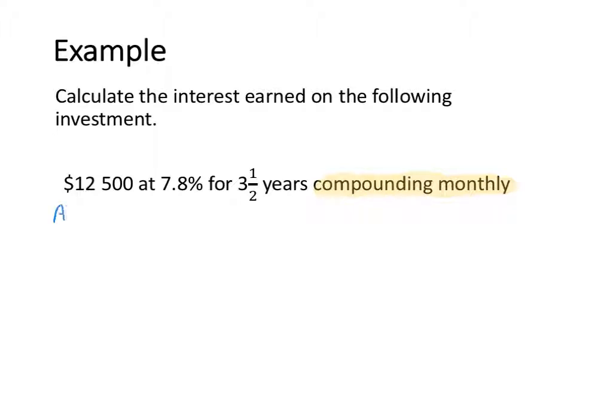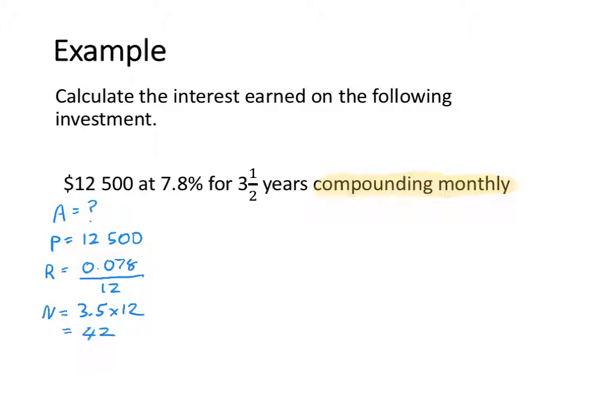So we are calculating the value of A. Our principal is 12,500. Our interest rate, this time we need the interest rate per compounding period. So we need to divide our interest rate by 12. So it's going to be 0.078 over 12 as my interest rate. And the number of times it is compounding is going to be 3.5 years times 12. And that is going to equal 42 times.